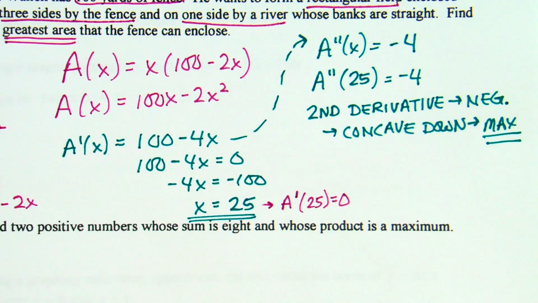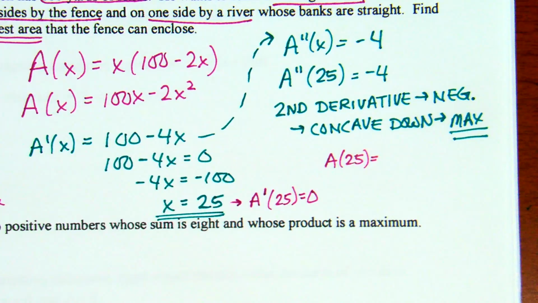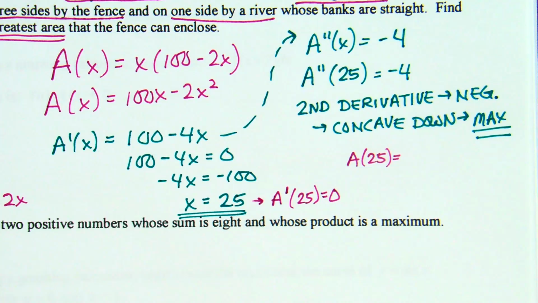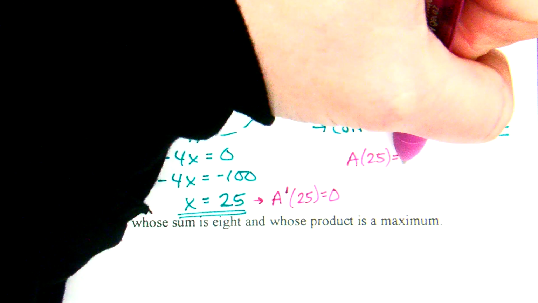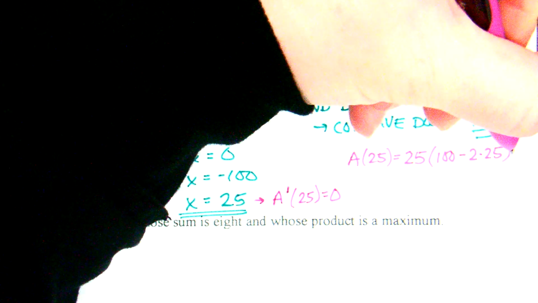My question, the reason I asked where are you plugging it in, was so you don't fall for the lapse of, oh, I'm going to plug it into one of the derivatives. That was my concern, that we are going back to the original problem. But here's the deal. Would that work? That would work. So x times 100 minus 2x. So 25 times 100 minus 2 times 25.